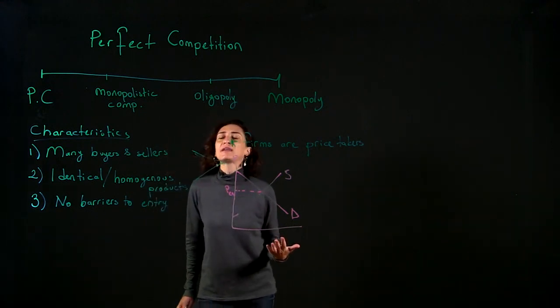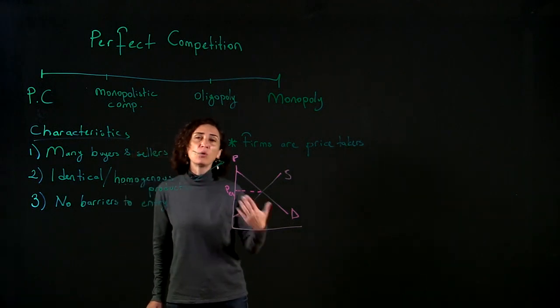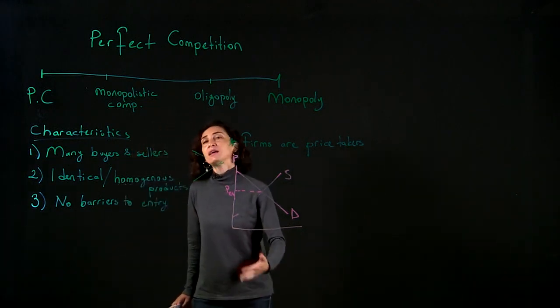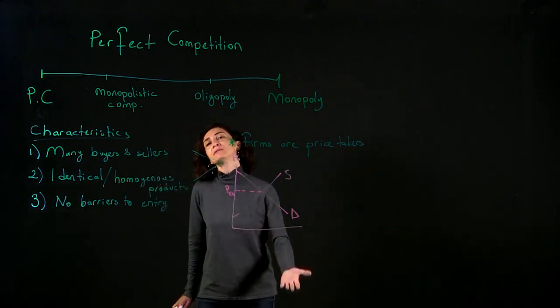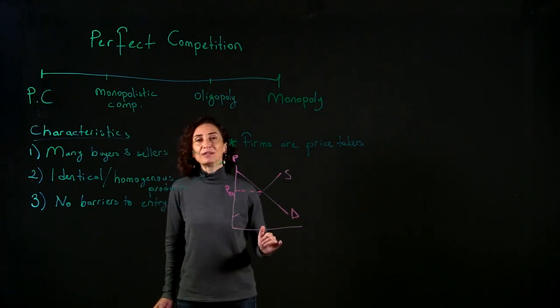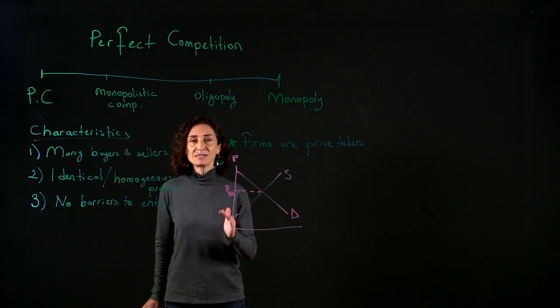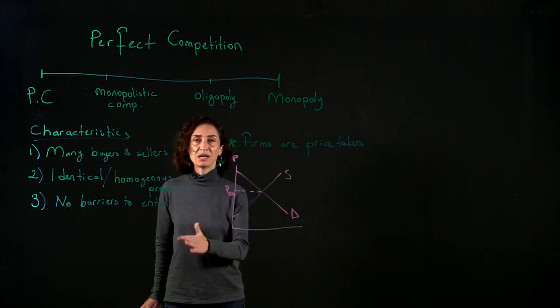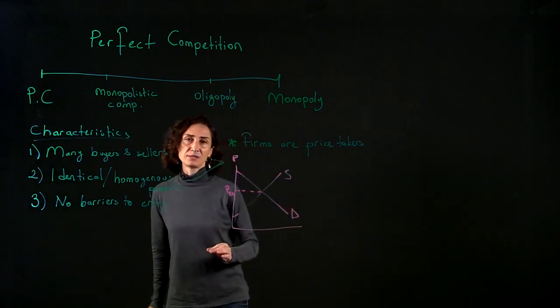What about if I try to compete with a price that is lower than 8, 6, in a perfectly competitive market? We will see more in a few minutes, but you can sell as much as you want at the equilibrium price, right?